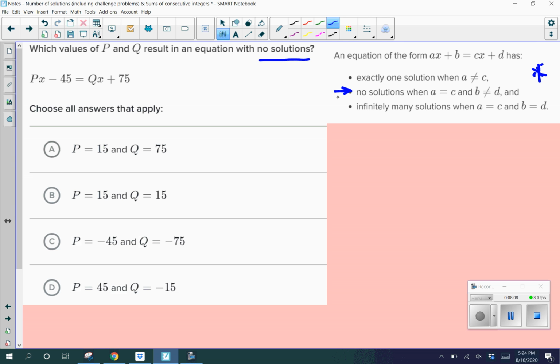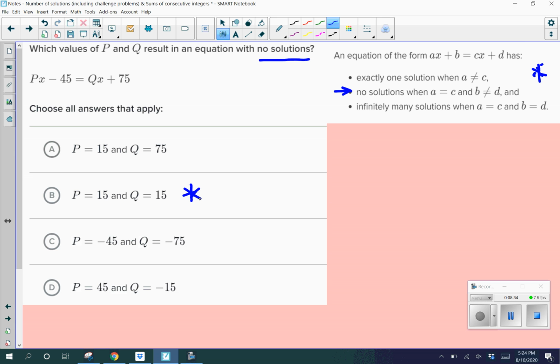Well, that means we're looking at this one. A cannot equal C. So let's see. A would be P and C would be Q. So no solution is when A equals C. So that means P and Q need to be the same number. So right away I can see that B would work because P and Q are the same.